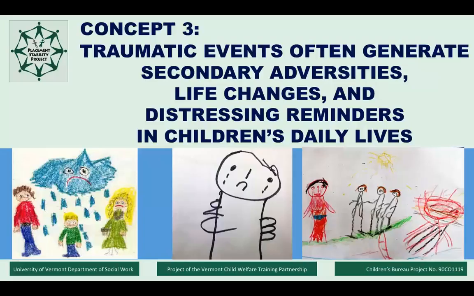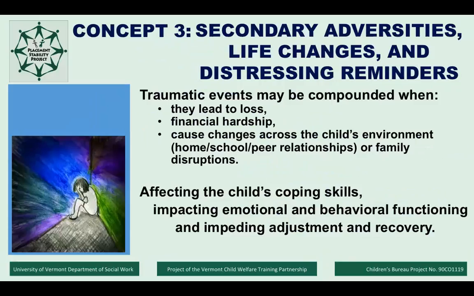When reminded of the trauma, children may feel as if they are reliving the event and often re-experience the same feelings of terror and helplessness that they felt during the actual trauma.